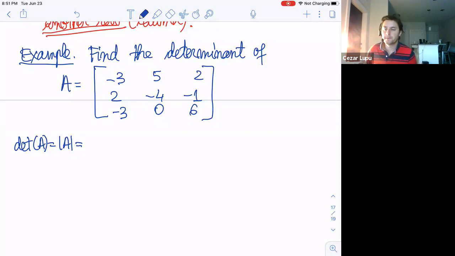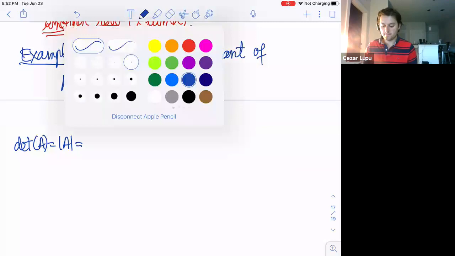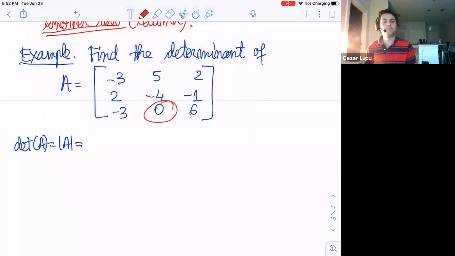For example, you see a 0 here, right? Keep in mind what you want to do.